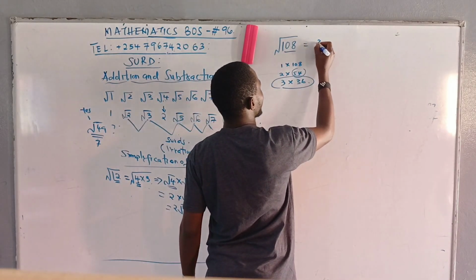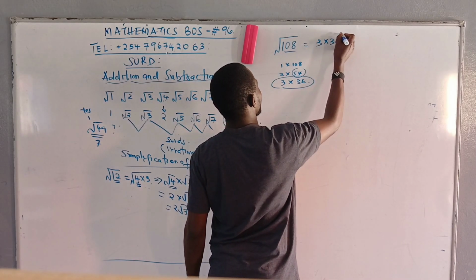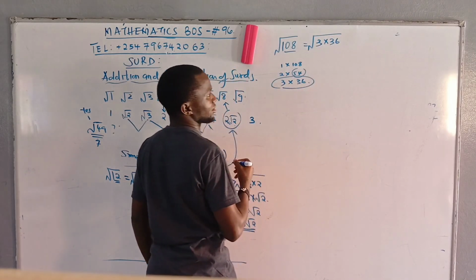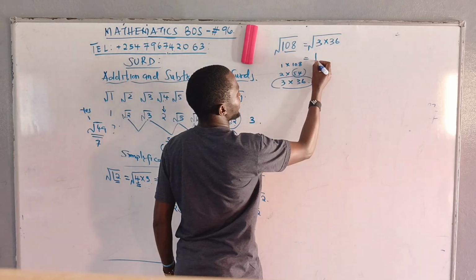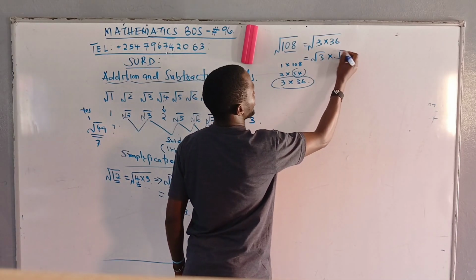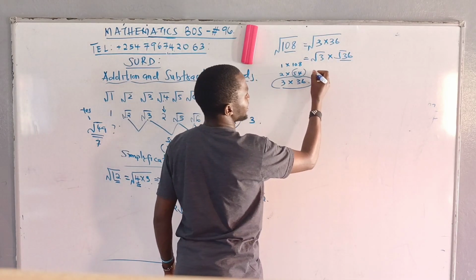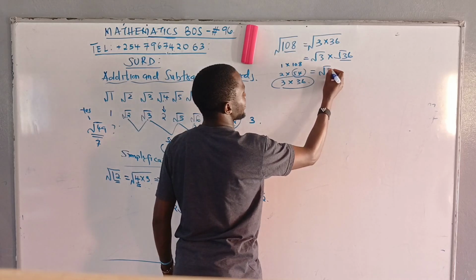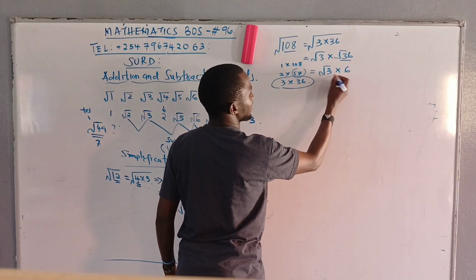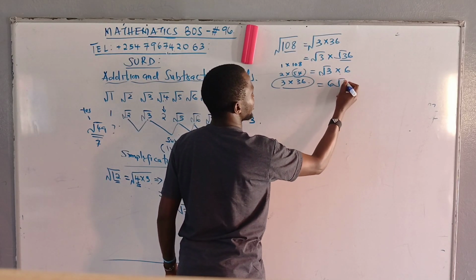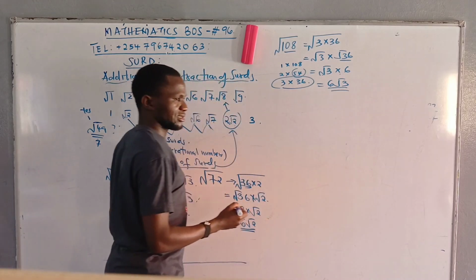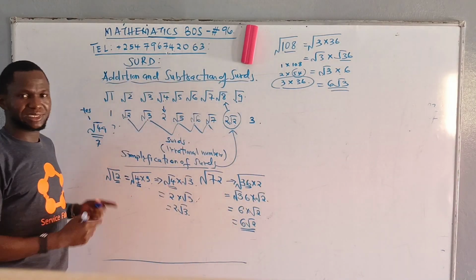Then this will simplify to root of 3 multiplied by root of 36. But 36 has an exact square root which is 6. So root 3 times 6 is 6 root 3. That's how you simplify surds.